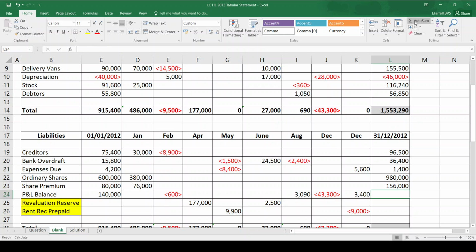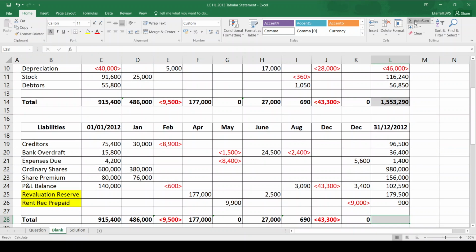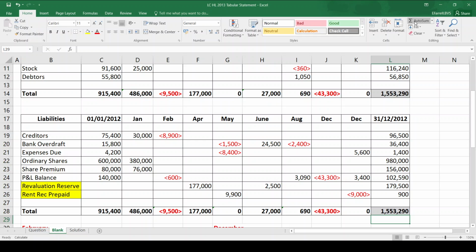The share premium 156,000. Profit and loss balance 102,590. Revaluation reserve 179,500. Rent receivable prepaid 900, and the total again is 1,553,290, and we can now see that that is balanced.